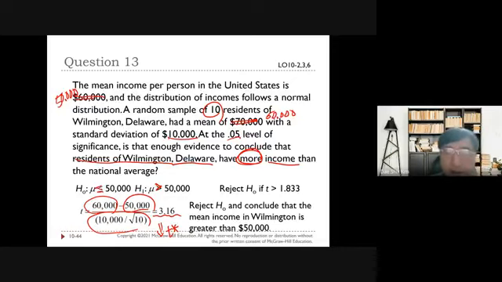The t value is greater, so it is very different and we will reject the null hypothesis. Yes, 60,000 is much bigger than 50,000. Okay, that's question 13.